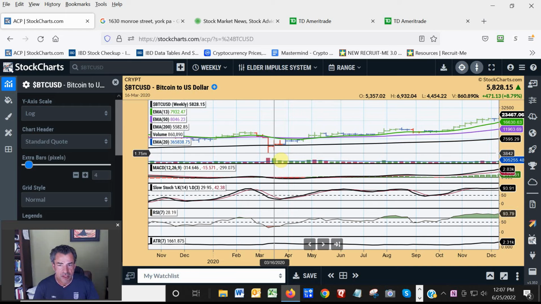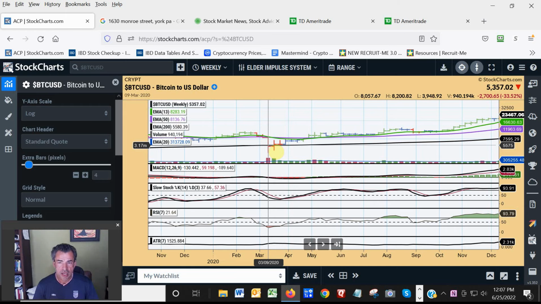But this still worked. Now, what you're looking for, like I said, is the high here is 8,200. To really get a confirmation that this was a bottom and a reversal is in play, you keep going to the right, to the right, to the right, until the price actually closes higher than the highest point of these two pipes.